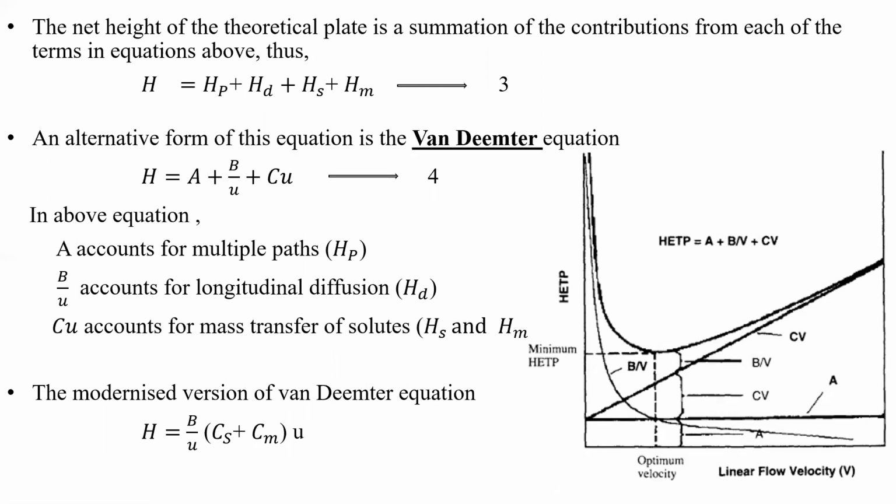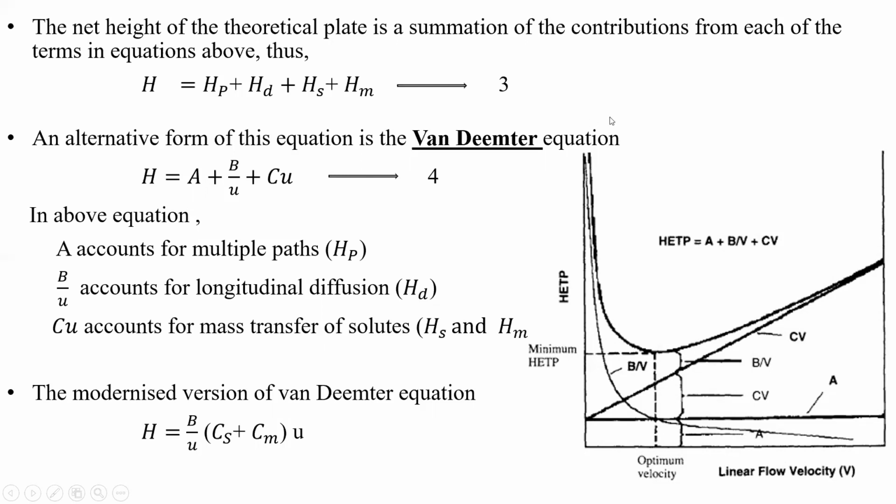So the net height of the theoretical plate is the summation of the contribution of all these terms we have studied above. So the equation is H is equal to Hp plus Hd, that is multiple path diffusion plus longitudinal diffusion plus mass transfer in stationary phase and mass transfer in mobile phase.